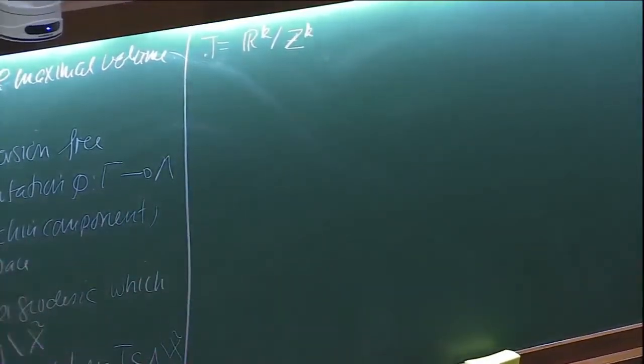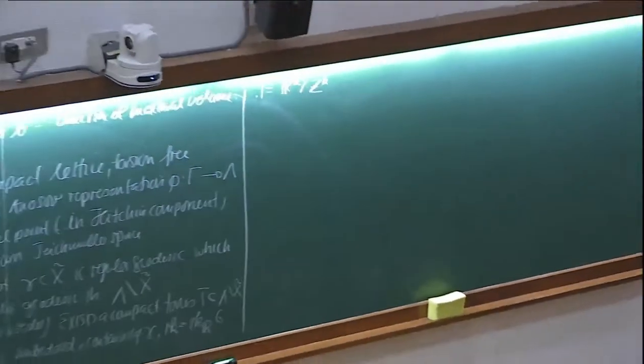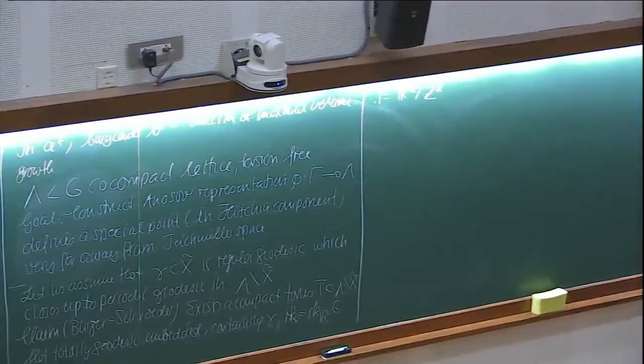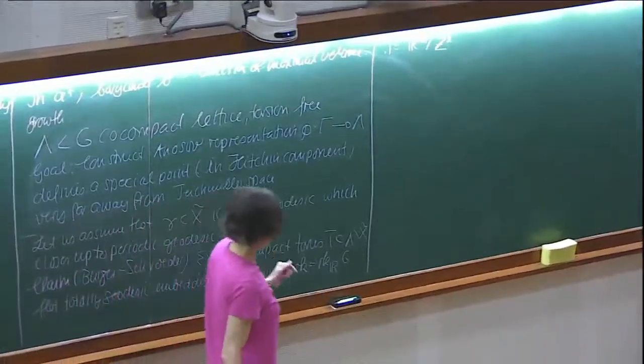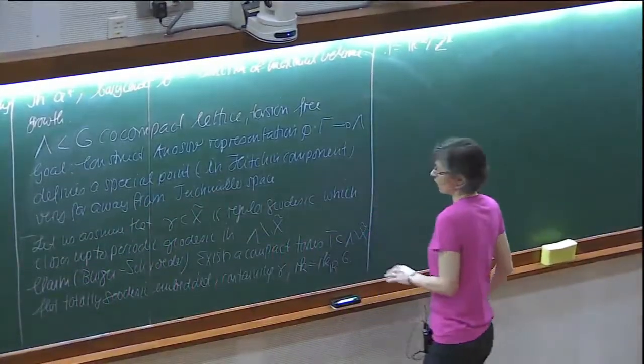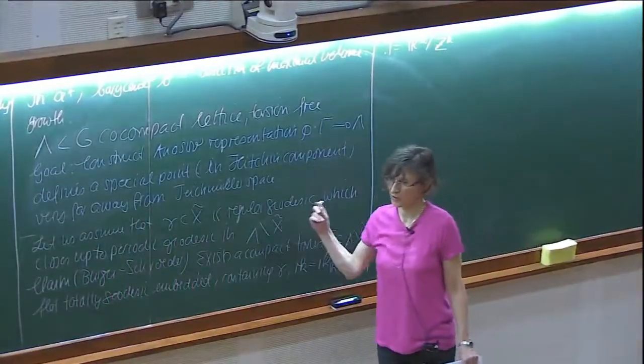Now, if I want to have this torus embedded into this locally symmetric manifold, the fundamental group of this locally symmetric manifold is lambda. But if I have this totally geodesic embedded torus here, then the fundamental group of the torus is a subgroup of this lambda.